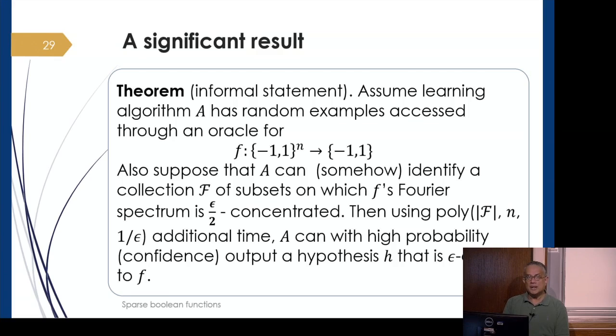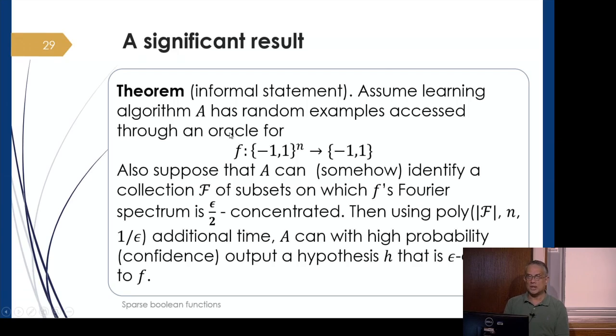So now we are ready to postulate a theorem in a simple form, which I'll state informally now, and in the next lecture we will look at this formally, including a sketch of a mathematical proof that establishes it in its entirety. So we have a learning algorithm A, and now I'm reading out the theorem, and it's given random examples as before, accessed through, let's say, some oracle.